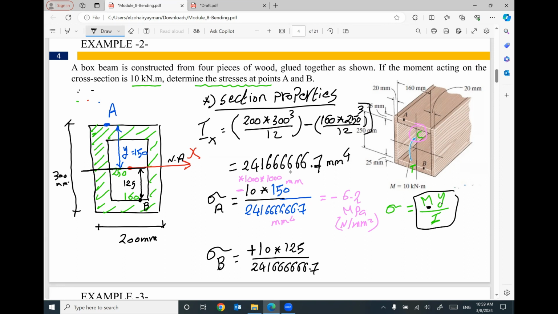And this stress will be positive because it's on the side of the tensile stress based on the tail of the arrow. I forgot to mention, this applied moment will be multiplied by 1000 to be in Newton and by 1000 to be in millimeter. So the stress will be 5.2 megapascal. So the bending stress at point A will be compressive stress, negative 6.2 megapascal. The bending stress at point B will be tensile stress, positive 5.2 megapascal.